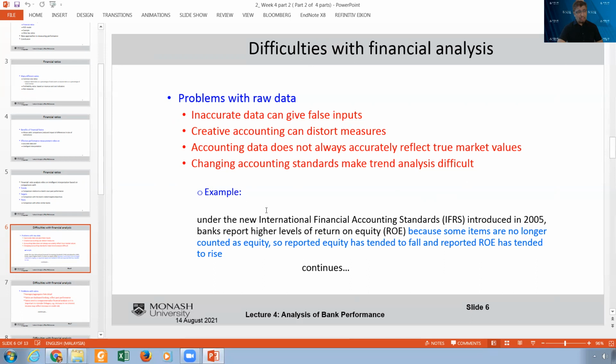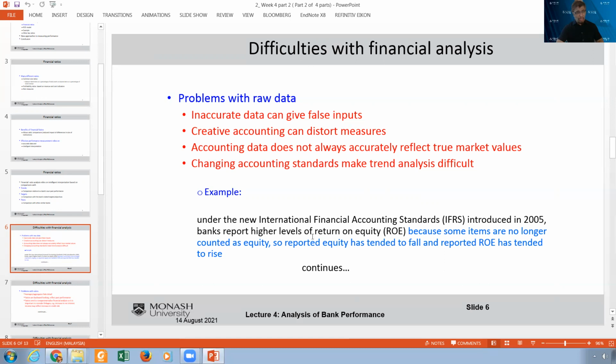Look at this example. For example, in Australia, in 2005, they introduced a new IFRS, and in that IFRS, they reduced parts of the equities.